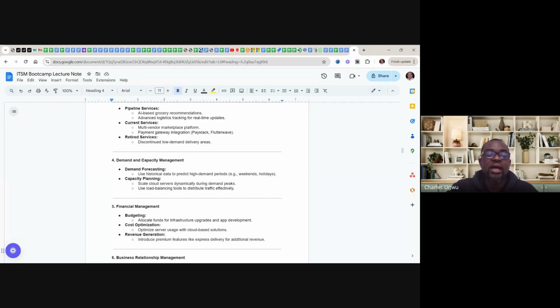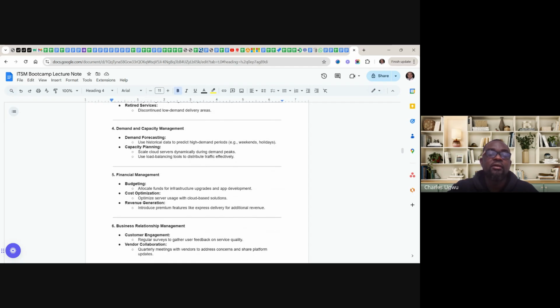Then financial management, budgeting: allocate funds for infrastructure upgrades and app development. What makes your business is that you keep on upgrading. These days we have spoiled the customers, their appetite has grown, so we keep on upgrading in order to compete very well.